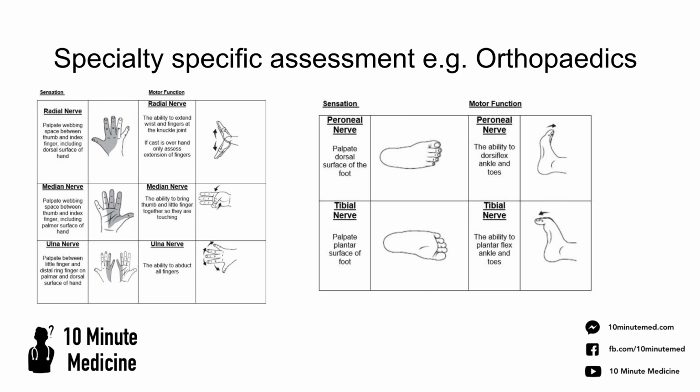And here I've included some diagrams for the neurology part. So you'd be thinking about the specific nerves that could have been damaged in that operation, that are often downstream from the operation that you've done, and documenting whether they're intact in their sensory domains as well as their motor domains. So you do those tests on a patient.